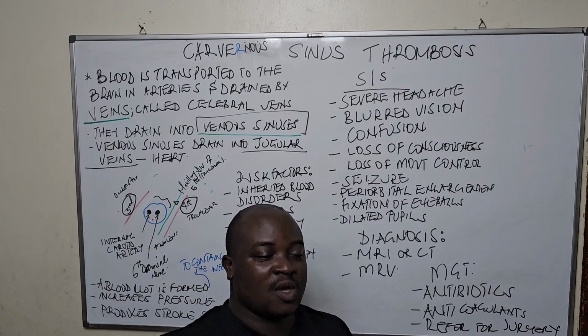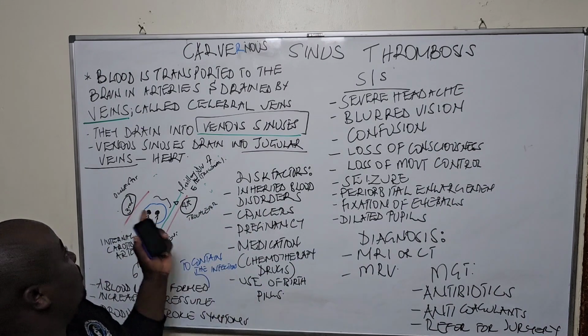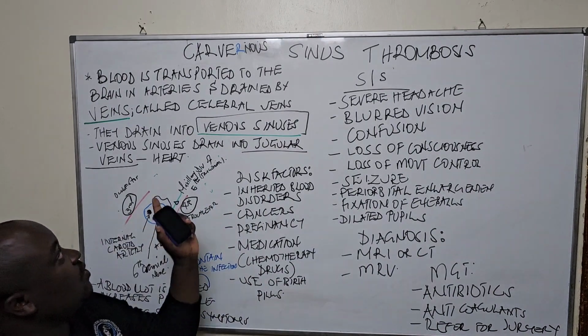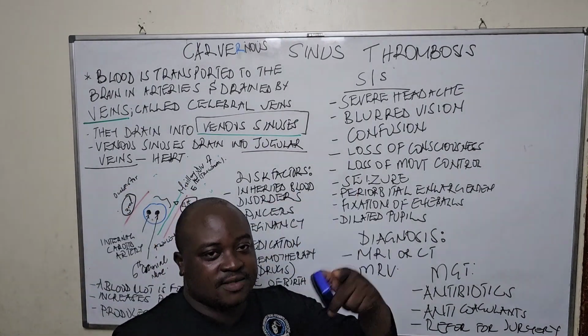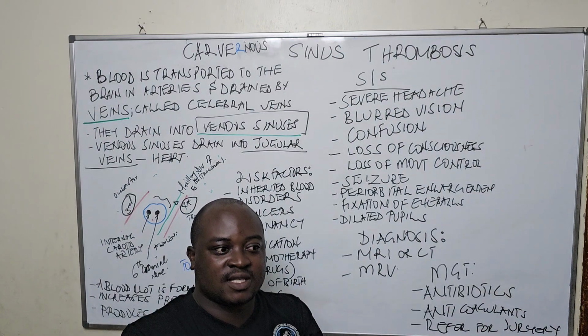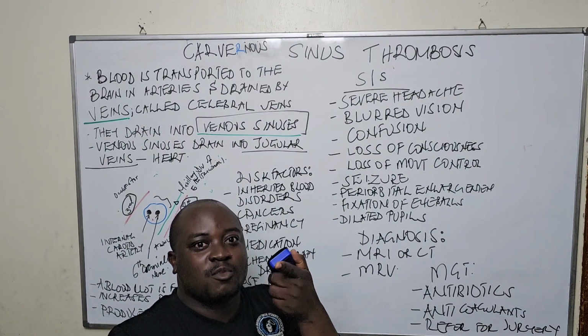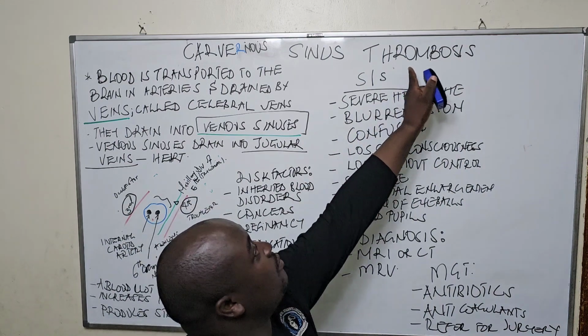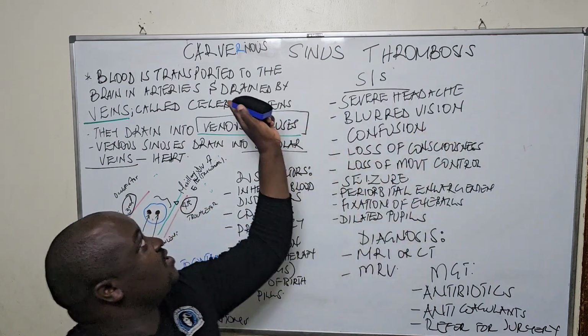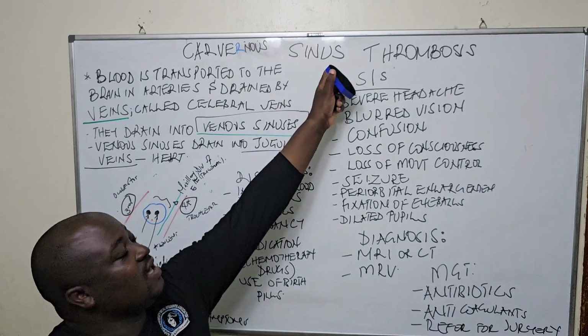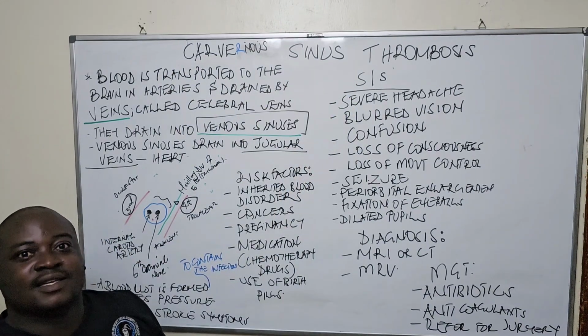So, when we have cavernous sinus thrombosis, it is always a thrombosis or a blood clot forming around or in the cavernous sinus.